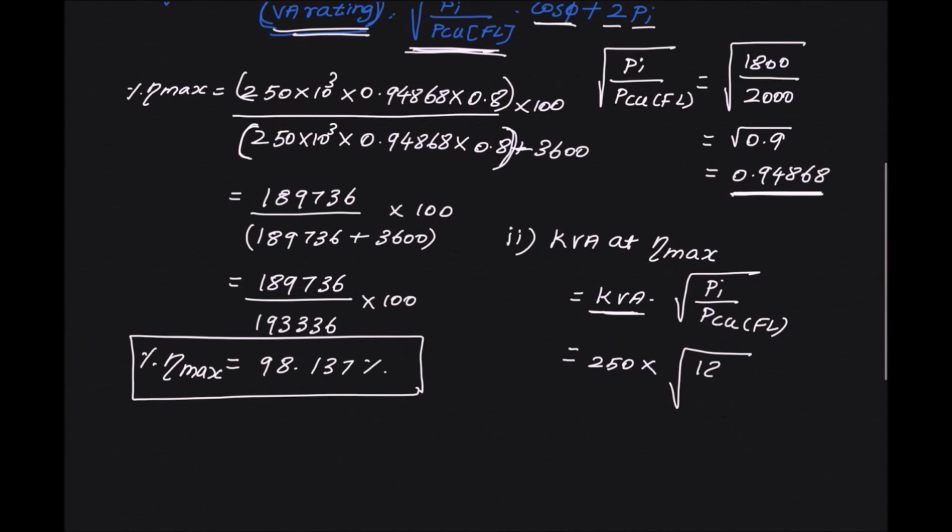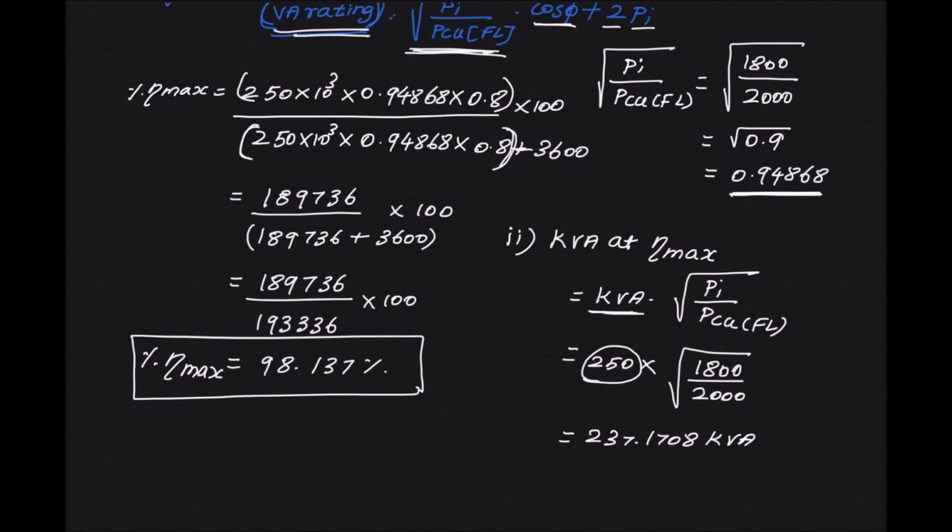If you solve this, you will get 237.1708 kVA. Here we have written the rating of the transformer in kVA, so here also we get the answer in kVA. So the kVA at maximum efficiency is 237.1708 kVA.